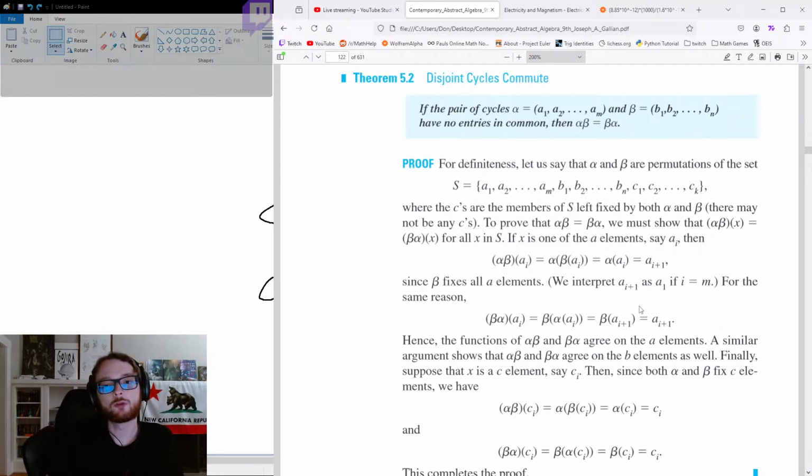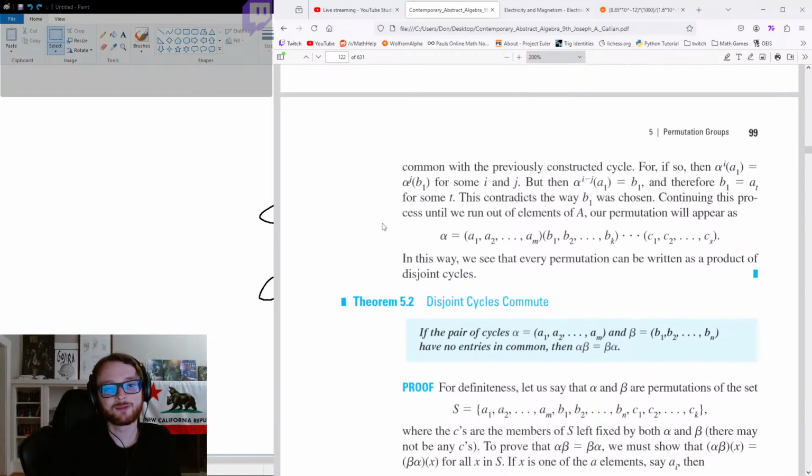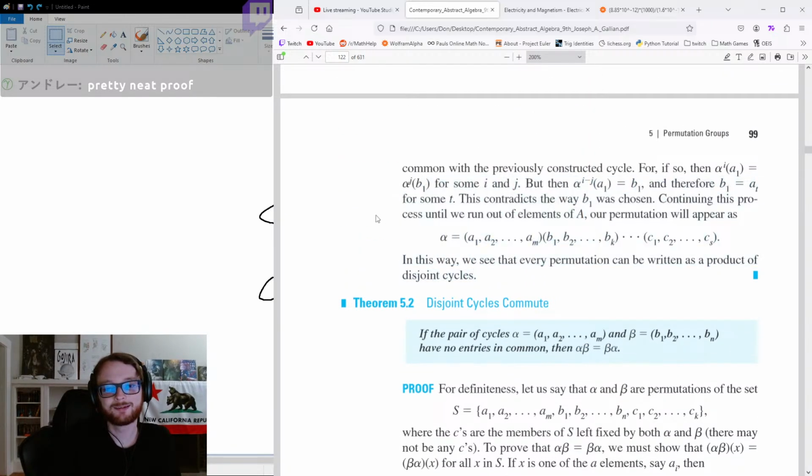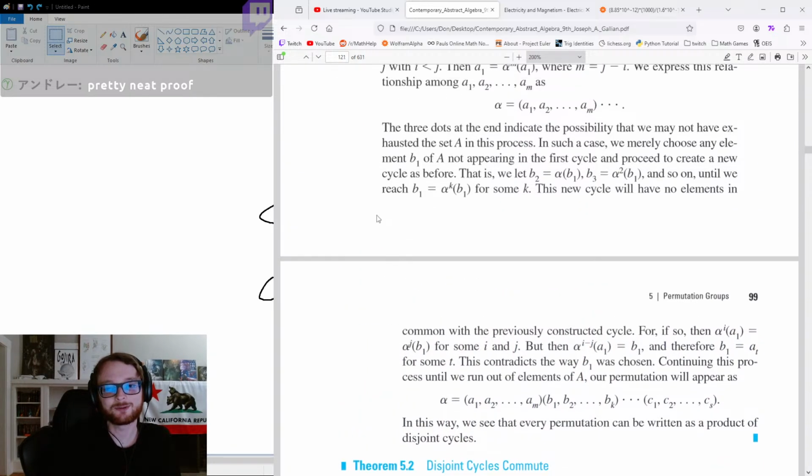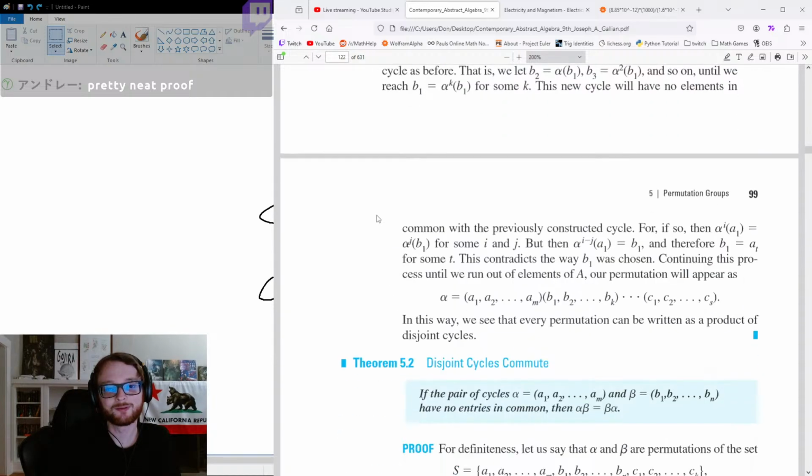Disjoint cycles commute. Okay, that was the exact thing we were asking before. So, can they have entries in common? I feel like that contradicts how we've constructed these. This proof up here is neat. I don't know, this feels kind of mechanical to me.